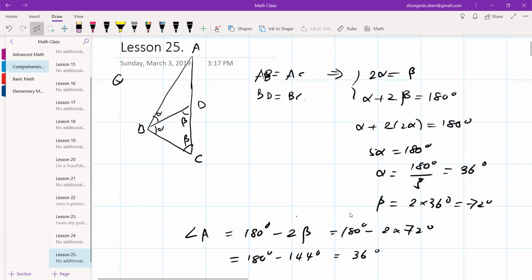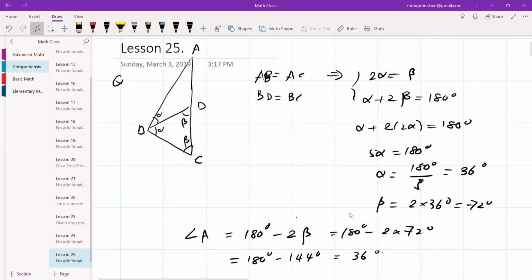So let's go back to this problem again. You know, somebody has questions. So let's see if I'm copying correctly, right? AB equals AC. So that means 2 alpha equals beta. Then BD equals BC. That means those two angles are equal to beta.